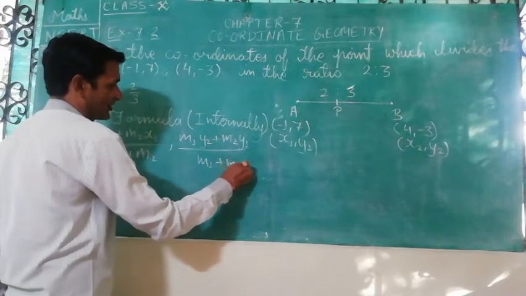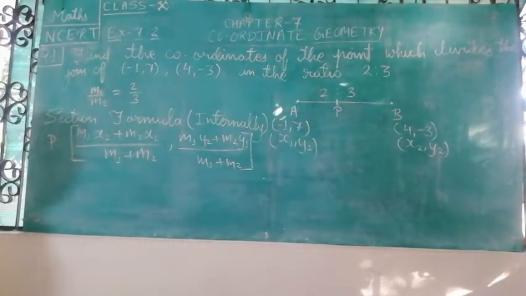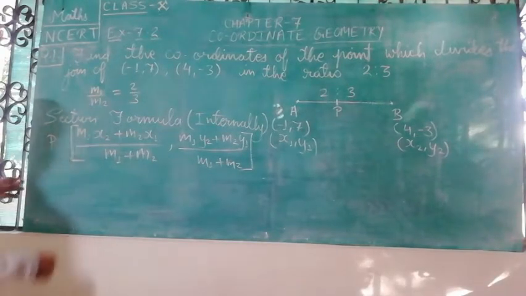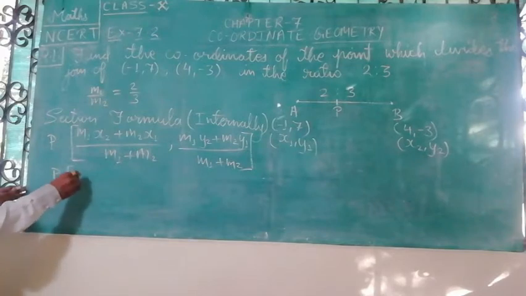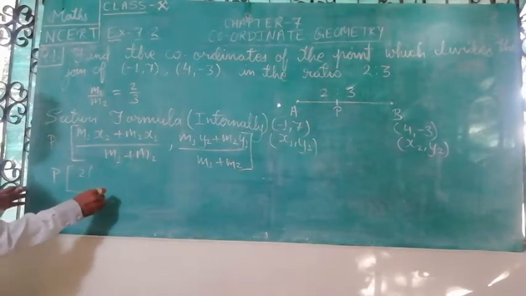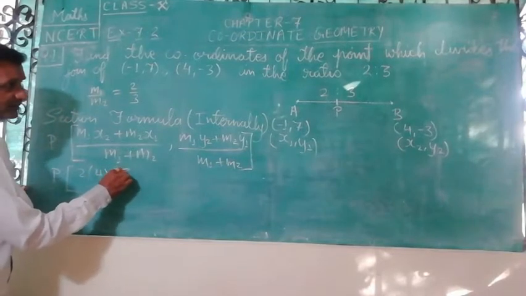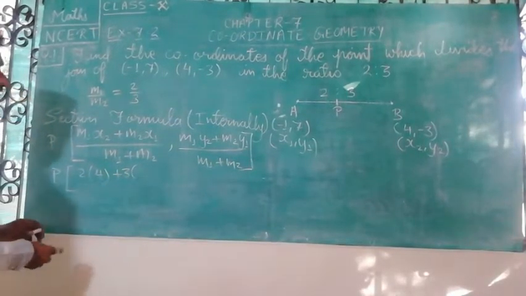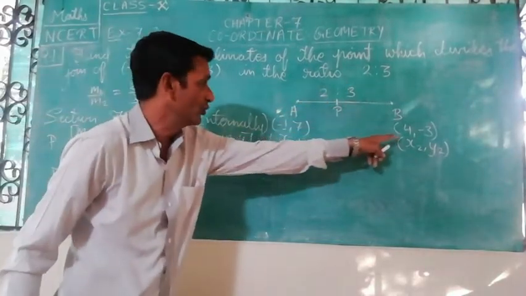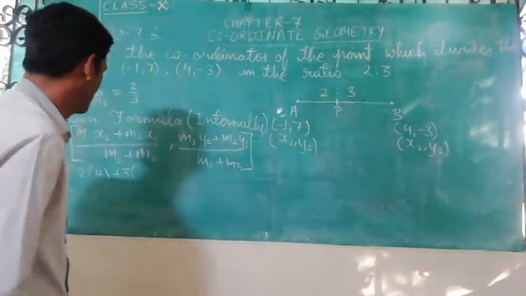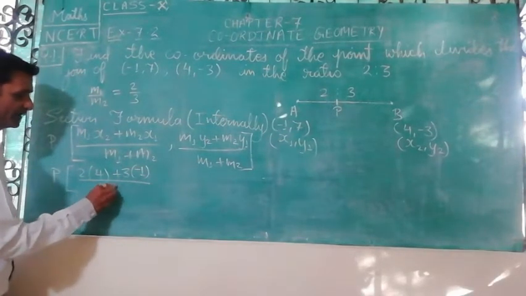Now we have to put just these values of m1, m2 and x1, y1 and x2, y2. So we will get on solution: 2 into 4 plus 3 into minus 1, that is m1 x2 plus m2 x1, upon m1 plus m2, means 2 plus 3.